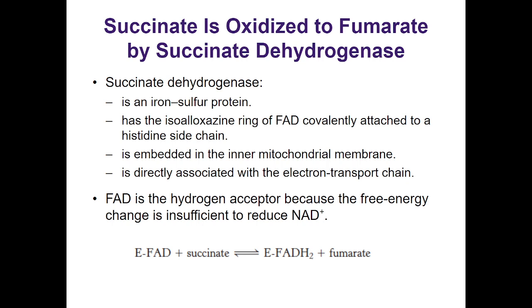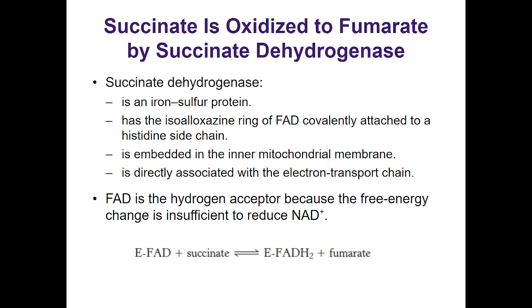Yeah. Exactly. That's where we're going to build up that proton gradient. So you can kind of see this is where we're starting to do the pumping process. This is part of that. So this is directly associated with our electron transport chain.